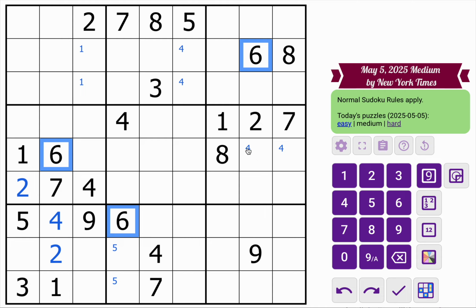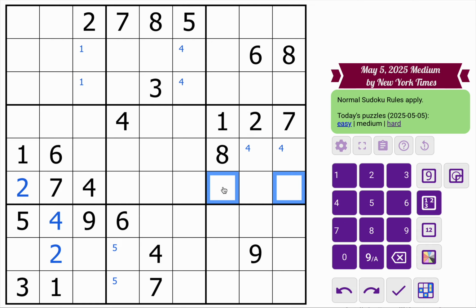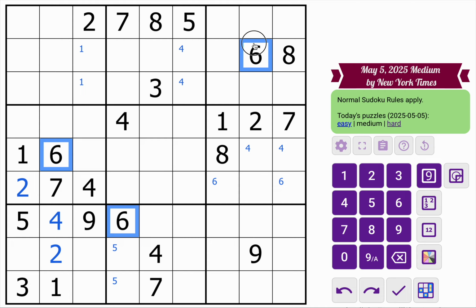Okay, actually the 6, we are able to bring it down to 2 possibilities, so let's go through that. 6, there are many 6s here, there are 3 here, and here too there are 3. Okay, here we got a little lucky. You see the 6, so that means this is 6, which means this will be 4.